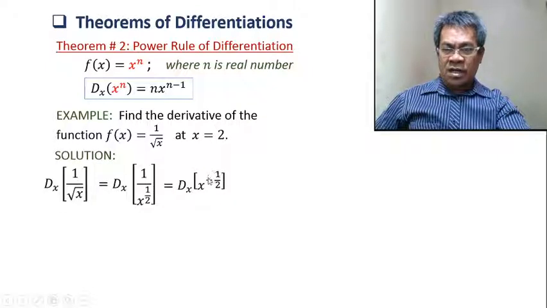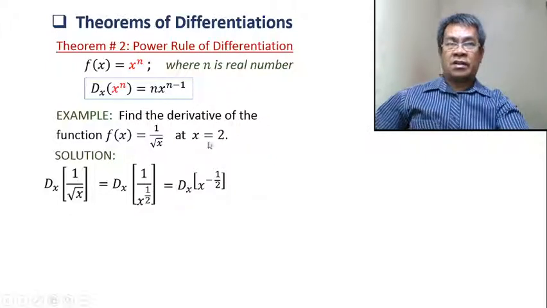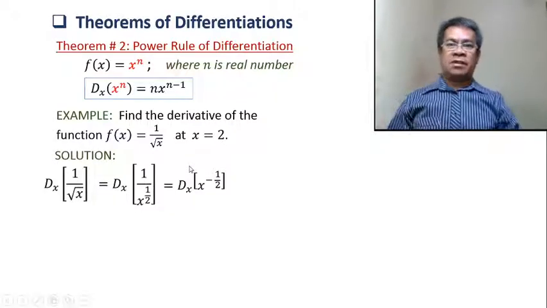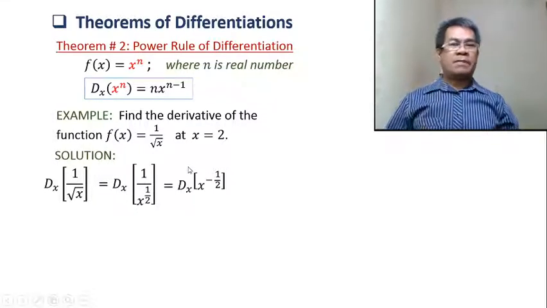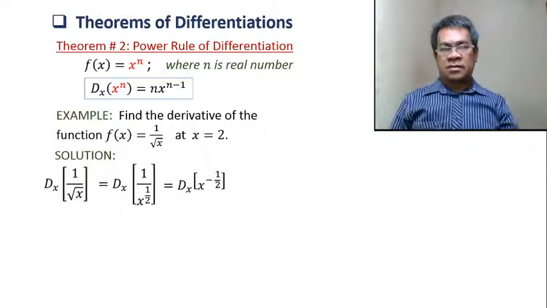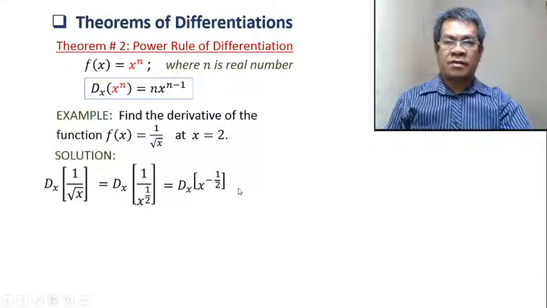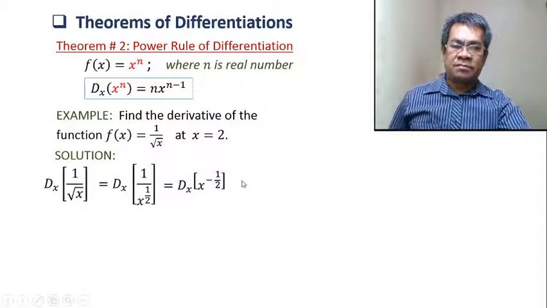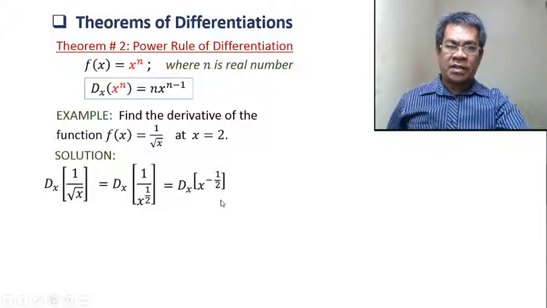Okay, and negative 1/2 is actually considered as n. Why? Because negative 1/2 is a real number. So real numbers include negative numbers, decimals, zero, positive numbers. Okay, so all real numbers are considered. So therefore, we can now apply the power rule.